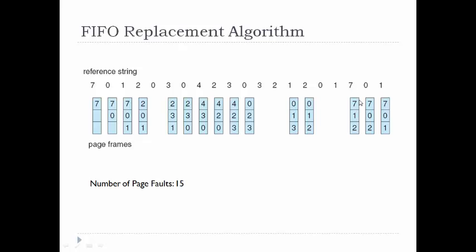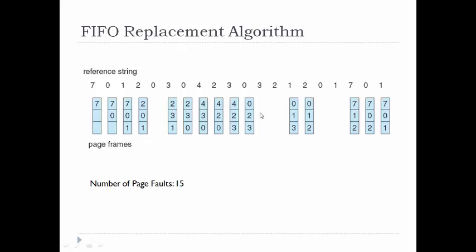So we are inserting 7 there. We will have 7, 1, 2. Since 0 is not present, checking in reverse we have 7, 1, 0. So we are inserting 1 in the place of 2, since 2 came first. So we have 7, 0, 1.